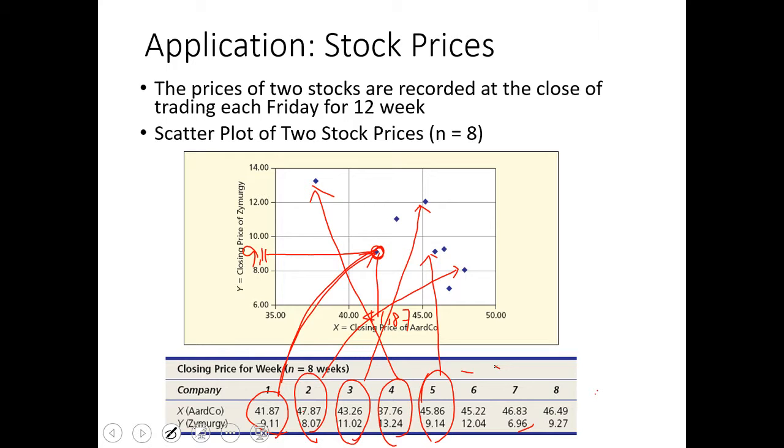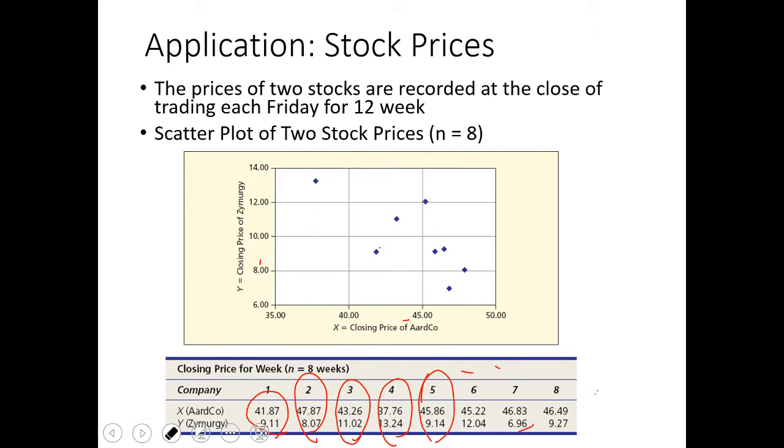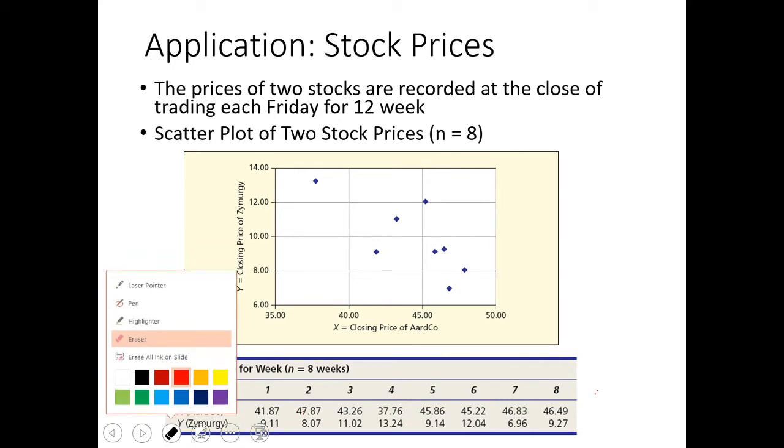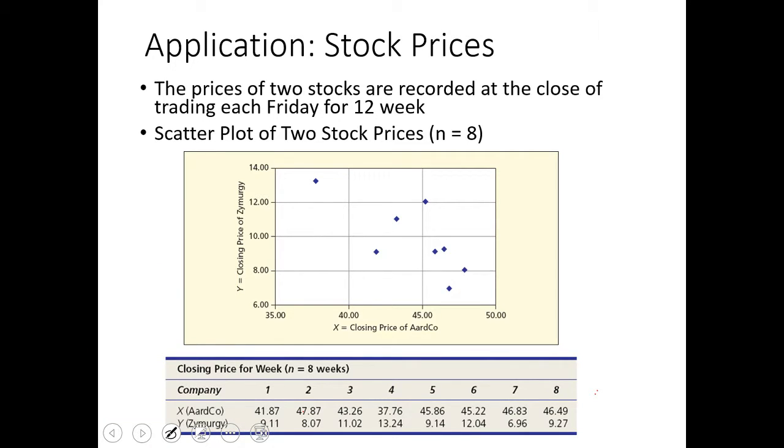Then we obtain this two-dimensional dot plot. These two values seem to be negatively correlated. So then let's calculate the correlation coefficient.